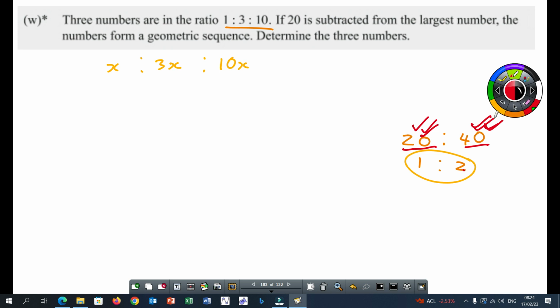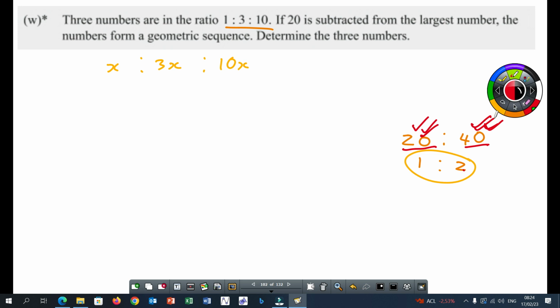Let's go back to the basic concept. Tyra, why do we have to divide by 20? Yes, but then what is 20 in relation to the original 20 and the 40? When you divide this 20 by 20, why do you have to divide by 20?